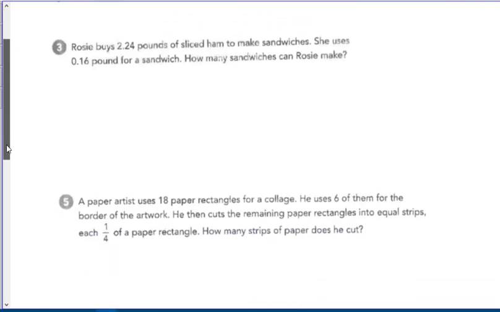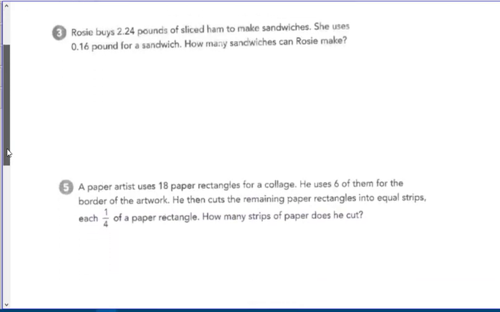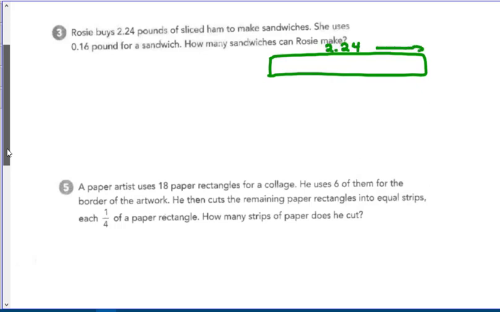Well, you could bar model this if you wanted to, and you have your whole bar, which represents the whole amount of sliced ham that she starts with. If you were going to bar model it, it could look something like this.